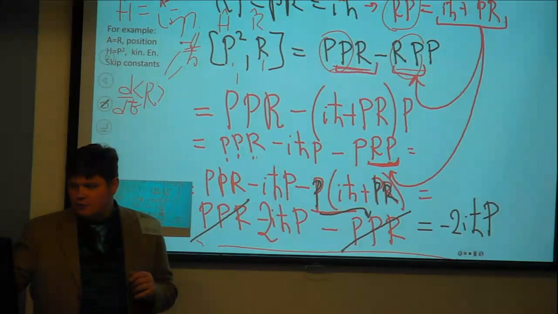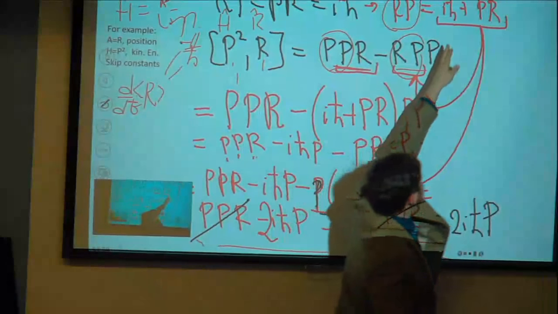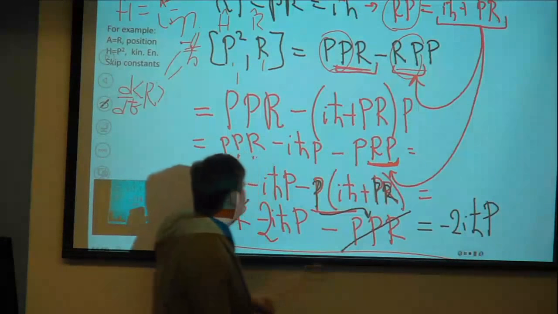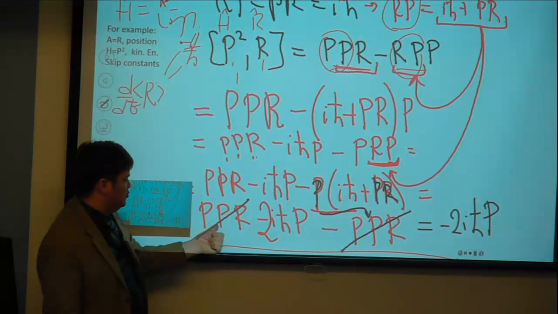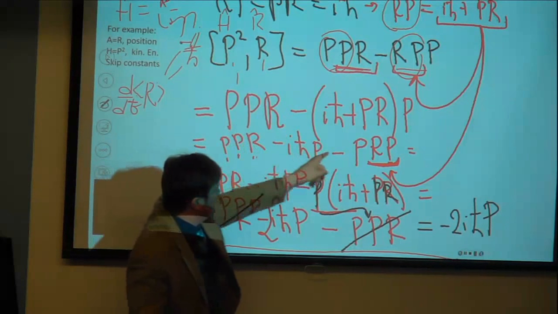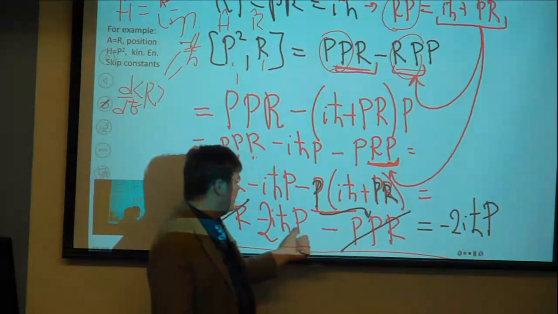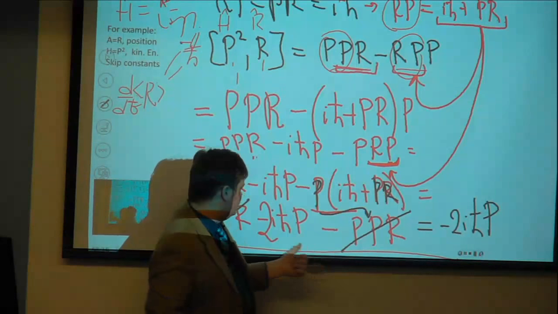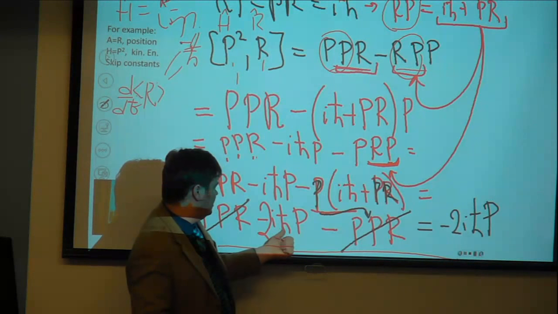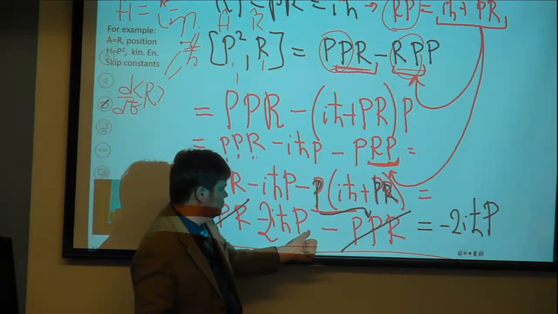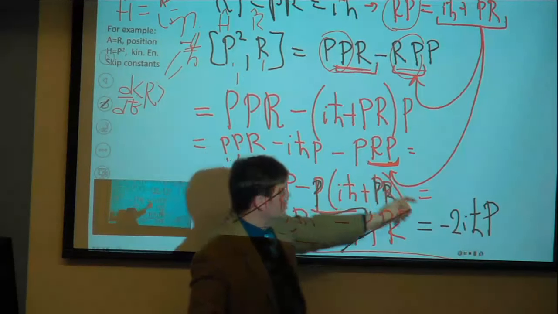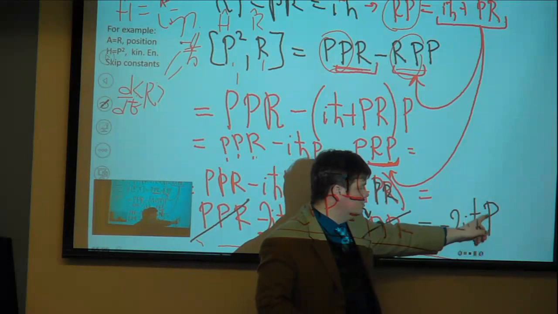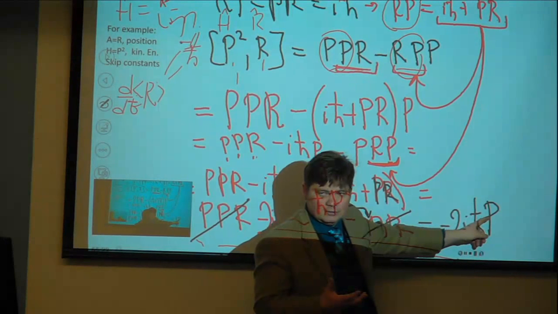Through application of the basic commutation rule, here, once and a second time, we will see that it will be ppr from here, another ppr from there, but as a price for swapping the order of operators, you have this minus 2i h bar p. And this commutation operation gives us the momentum operator.